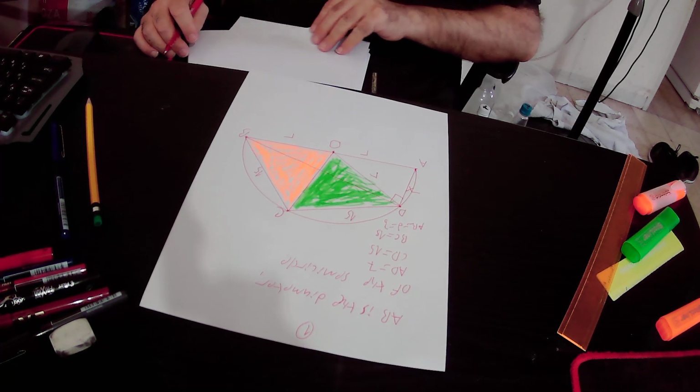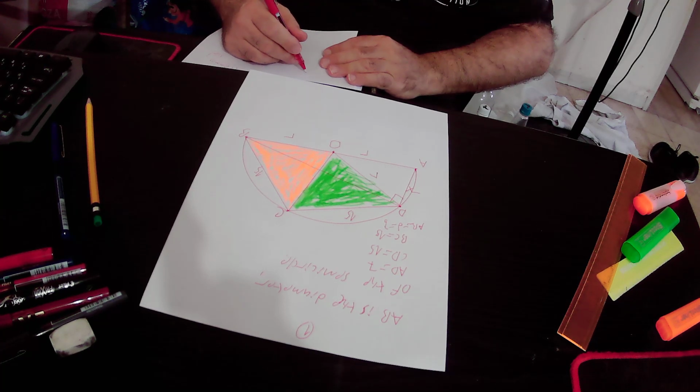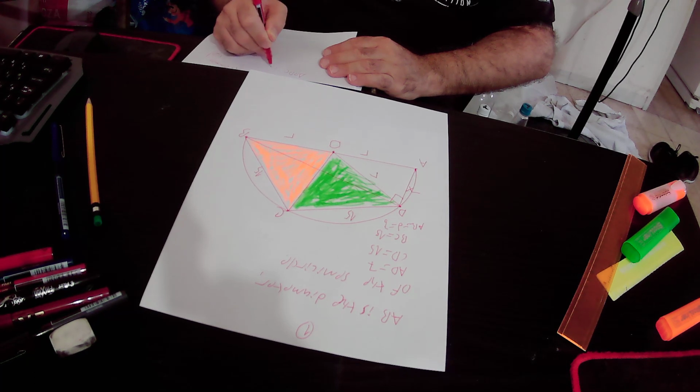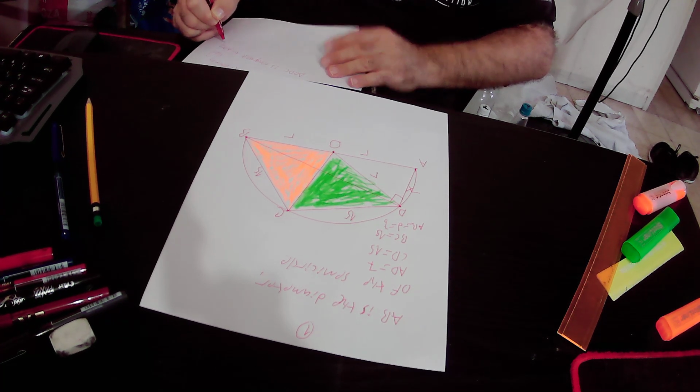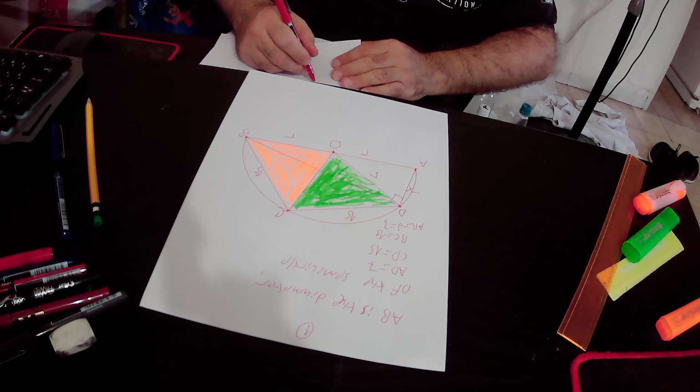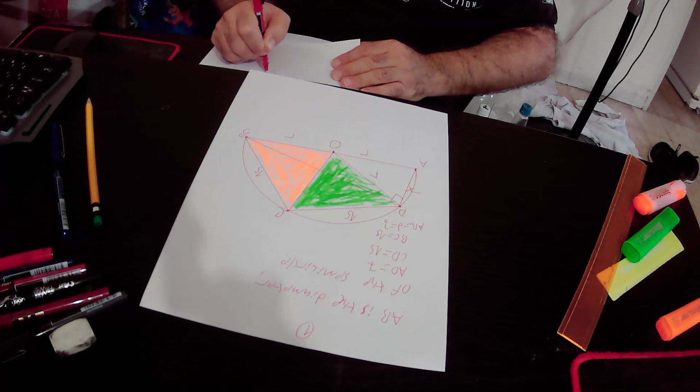Therefore, triangle ODC is congruent to triangle OCB, that is the orange triangle, according to the side, side, side rule.